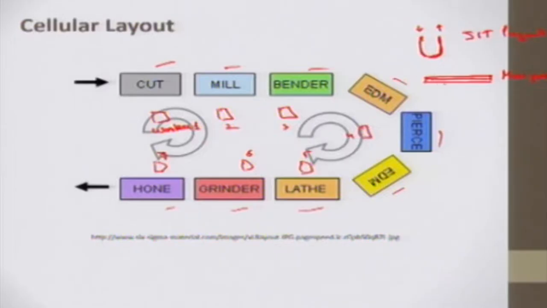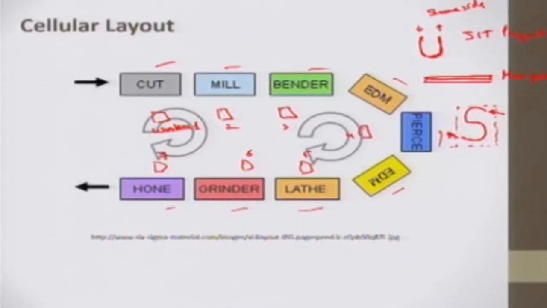U, then straight line, then also another kind of pattern is S kind of layout. In S kind of pattern, they are used for long assembly processes that are to be fit in a small area. See, the long length is put in this small area. It is not in one line, and also it is used when the receiving and the shipping is on the opposite side.